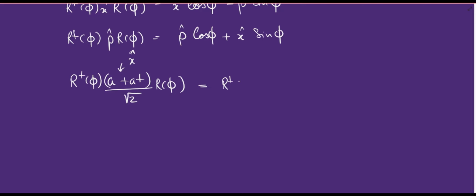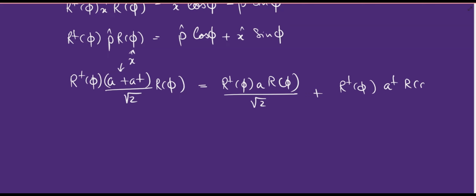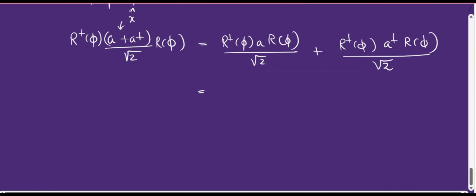Then this is equal to R dagger(phi) a R(phi) divided by root 2 plus R dagger(phi) a dagger R(phi) divided by root 2, and this then gives us (a e^(i phi) plus a dagger e^(minus i phi)) by root 2.